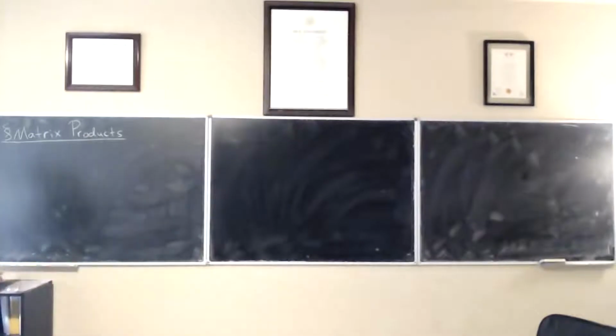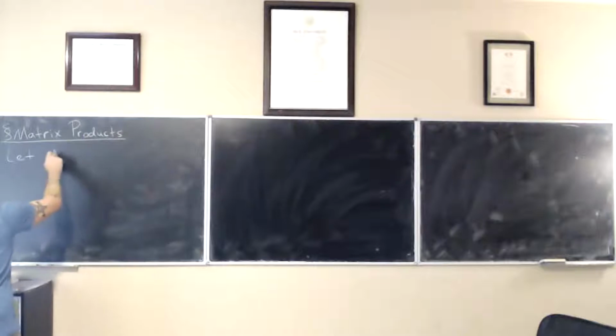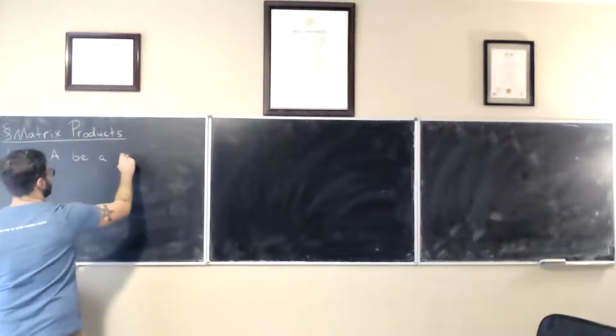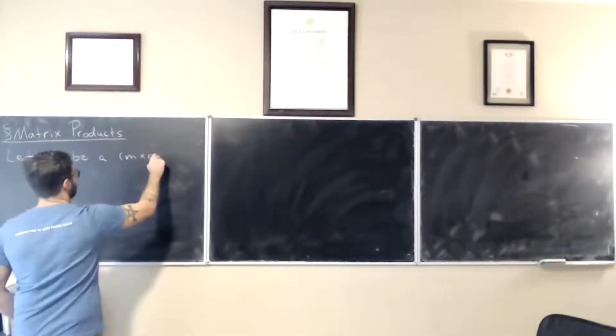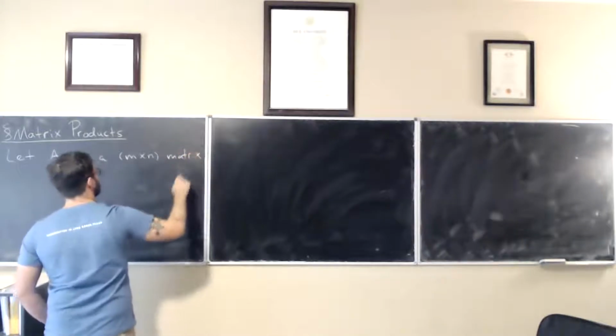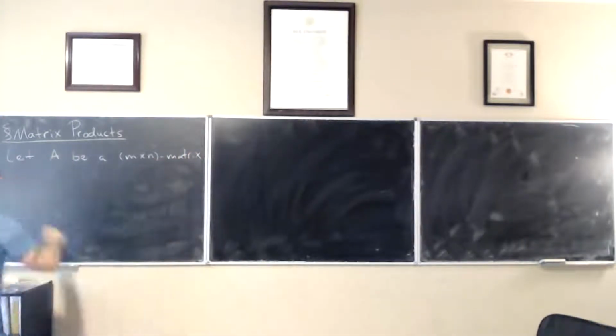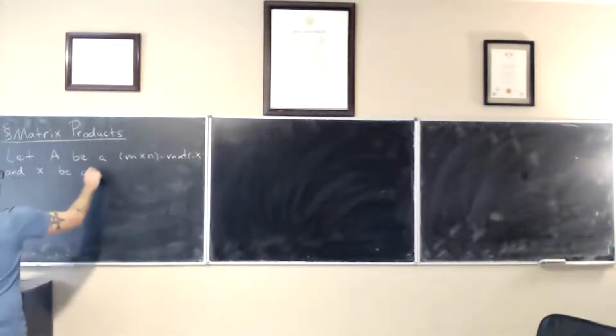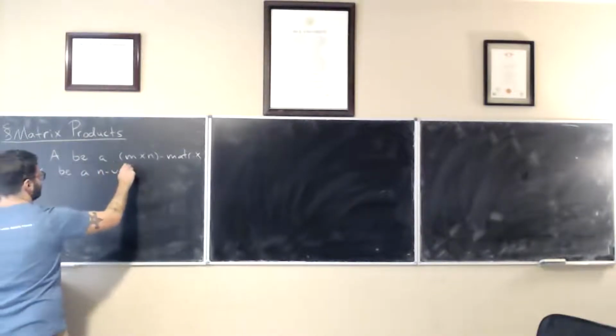Now, we need to start with, so we're going to say maybe let A be a M by N matrix. And let's say X be a N vector.